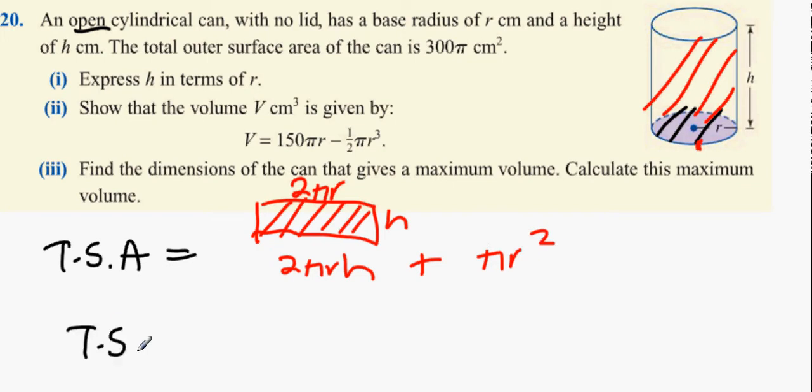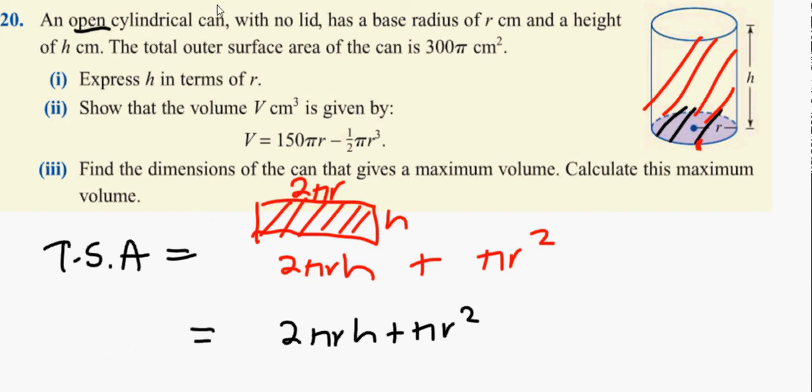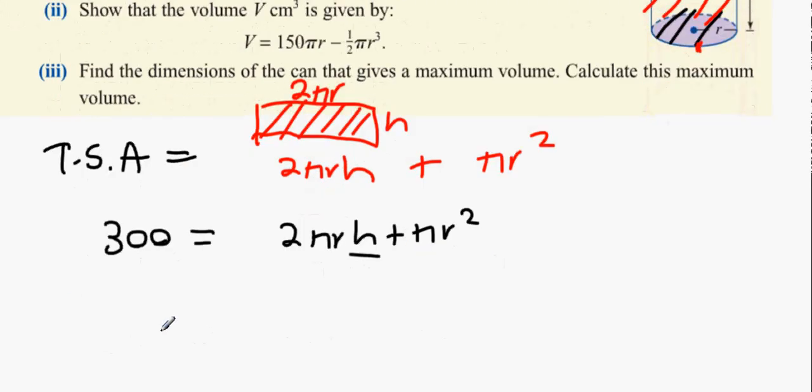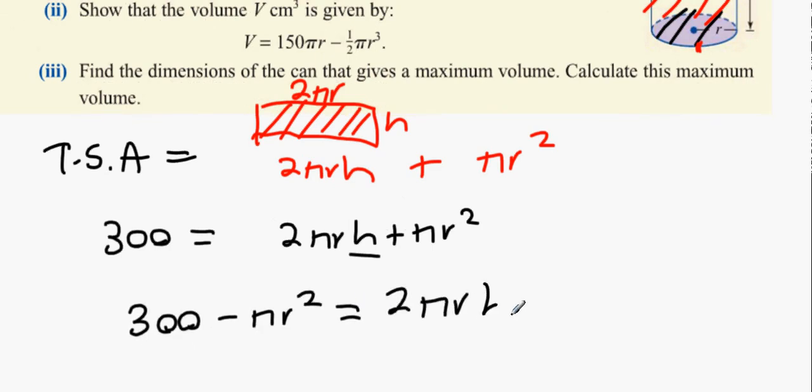Total surface area therefore is 2 pi r h plus pi r squared. Now we know that the total surface area is 300 pi. And now we've got to isolate h. H needs to go on its own, so it's going to be 300 pi minus pi r squared equals 2 pi r h.